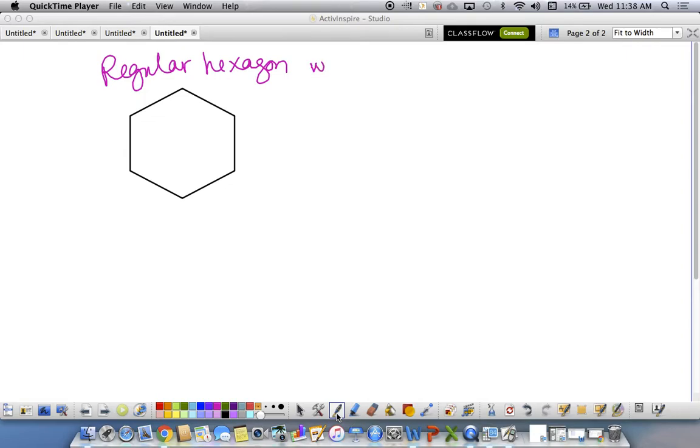I tell you it's regular, they all should be the same. Regular hexagon with a side that measures, let's just say 4 centimeters. What is the perimeter?